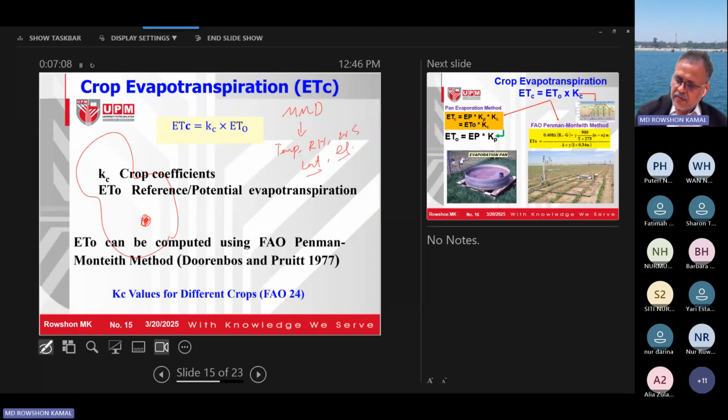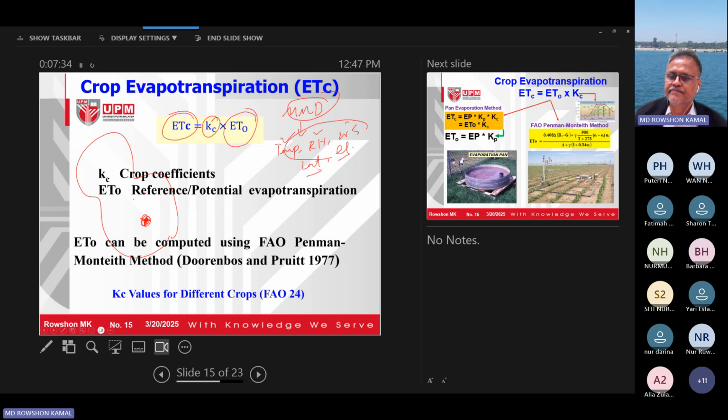Then you check whether MMD has a station here; if not, find a nearby station. From the nearest station, you collect this data. Once you get this data, you can calculate the ETo. And Kc is a constant, then you can find the answer.